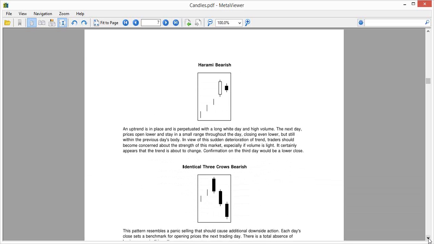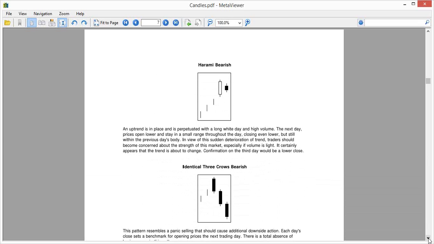Harami bearish. An uptrend is in place and is perpetrated with a long white day and high volume. The next day, prices open lower and stay in a small range throughout the day, closing even lower but still within the previous day's body. In view of this sudden deterioration of trend, traders should become concerned about the strength of this market, especially if volume is light.